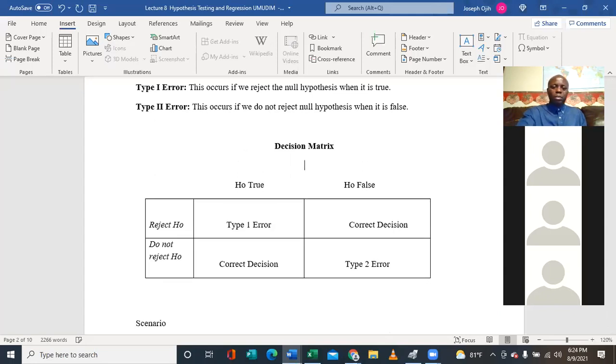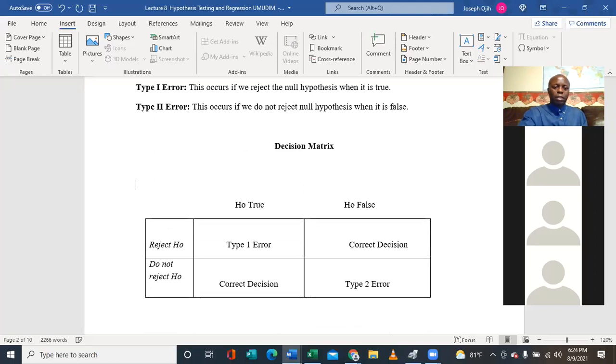So I'm going to use this. Suppose we have a legal case, where a defendant who is being accused of a crime is brought to court.